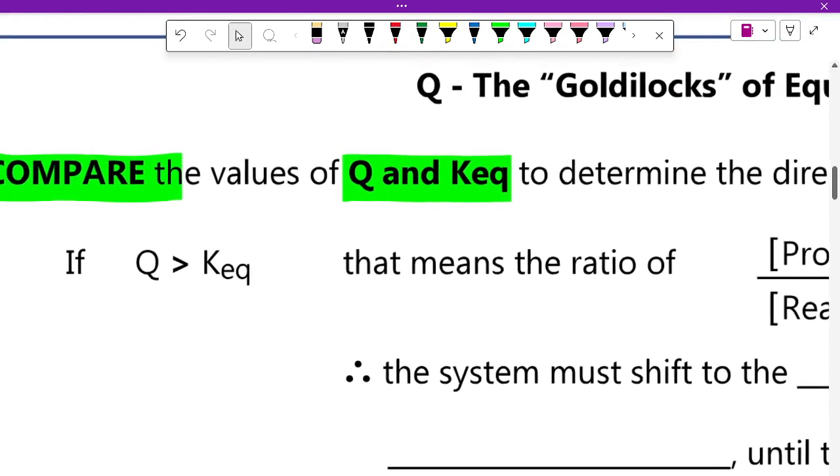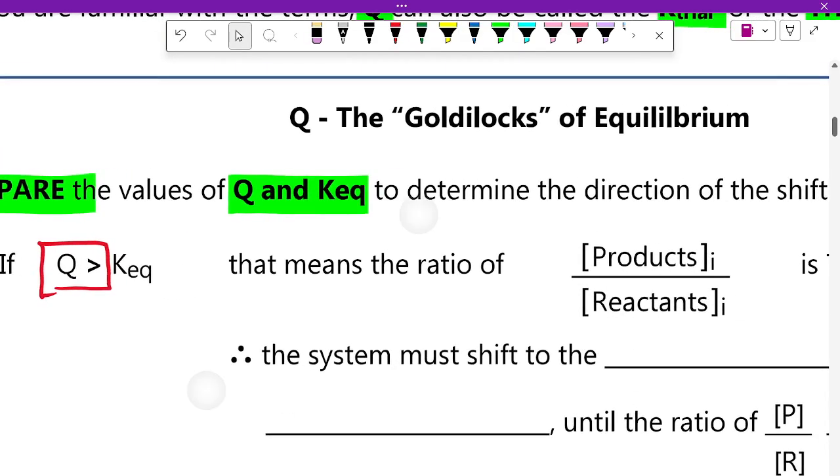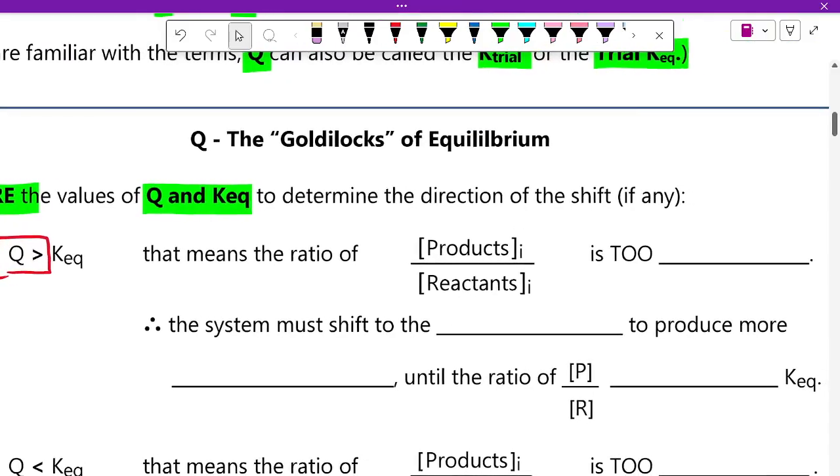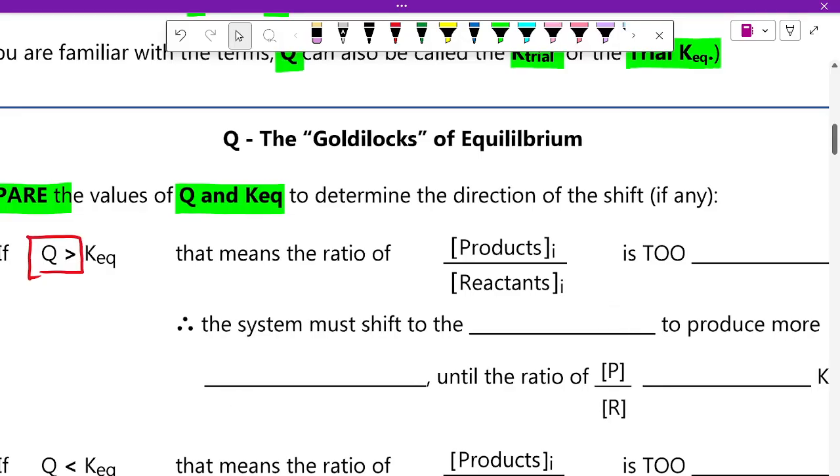Now, if Q is bigger than KEQ, what that means is that the ratio of products to reactants is too big or too small? If it were equal to KEQ, that would mean we were at equilibrium, okay?